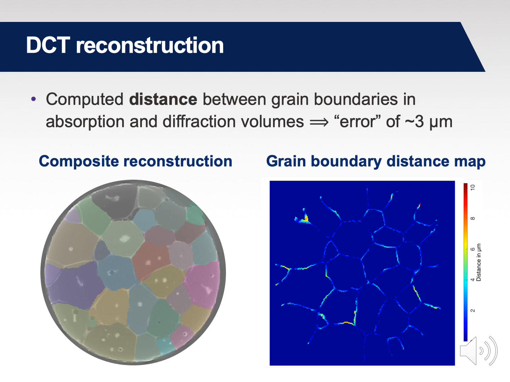So all of that is to say that if you have a coarse grain material, this is really not a huge deal, this error of 3 micrometers. But if you have a very fine grain material, such as a nanocrystalline material, perhaps you may consider other techniques that might be better suited, such as synchrotron-based high-energy diffraction microscopy, which we also have experience in, but that is not the focus of this presentation.